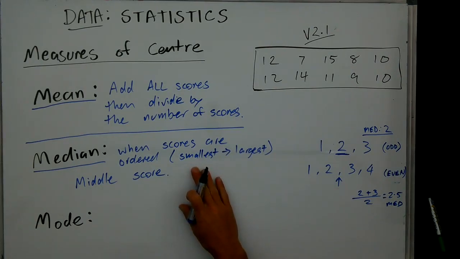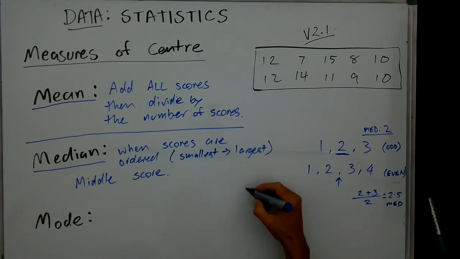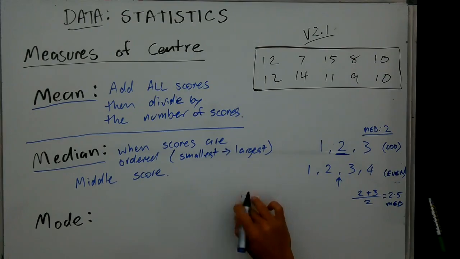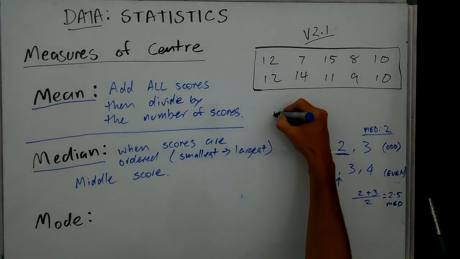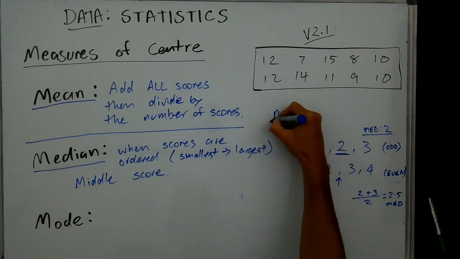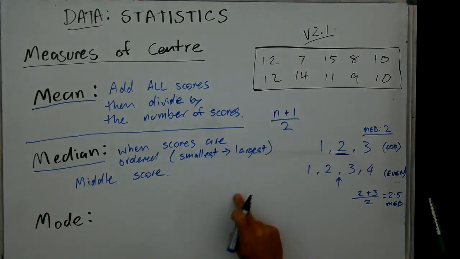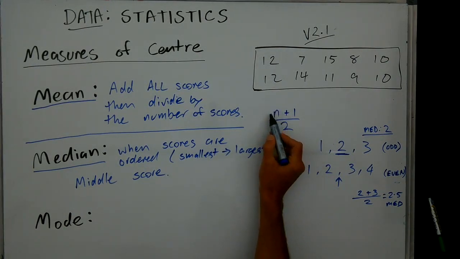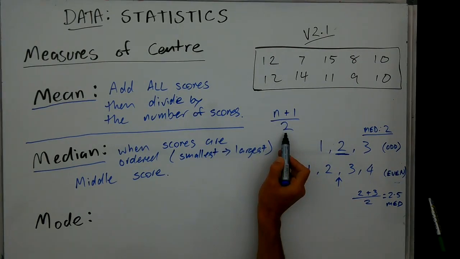The little formula to find where the median is is (n plus 1) over 2, where n is the number of scores we've got. We add 1 to it and divide by 2.